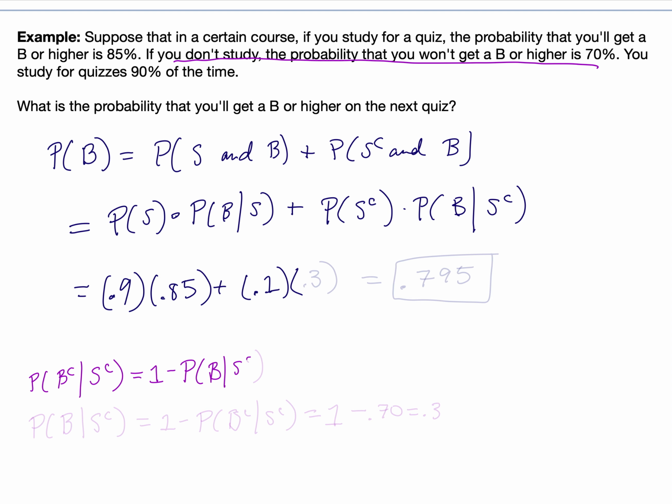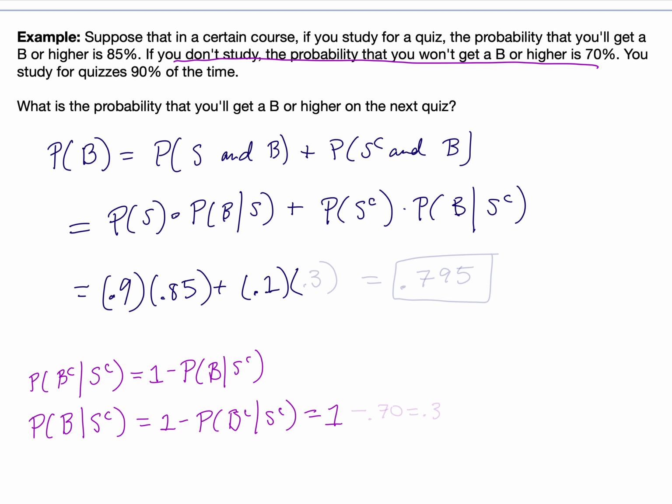By what we saw above, we can subtract over and get the opposite. In other words, the probability that we get a B or higher given that we did not study is equal to 1 minus the probability that we don't get a B or higher given that we did not study.